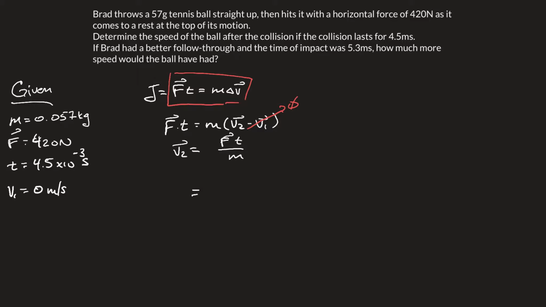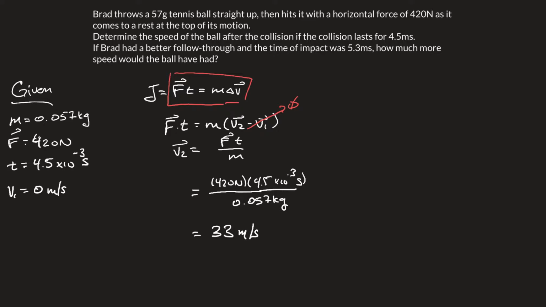This leaves me with F, 420 newtons, t, 4.5 times 10 to the negative 3 seconds, and m, 0.057 kilograms. So in this particular example, the velocity is going to be 33 meters per second.